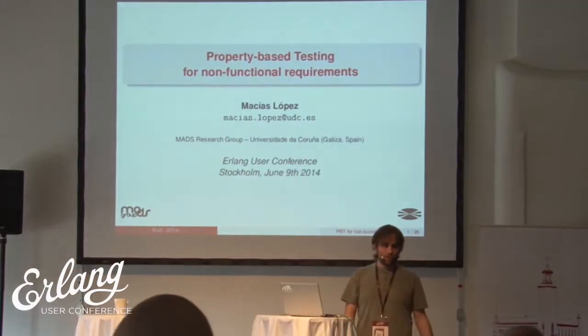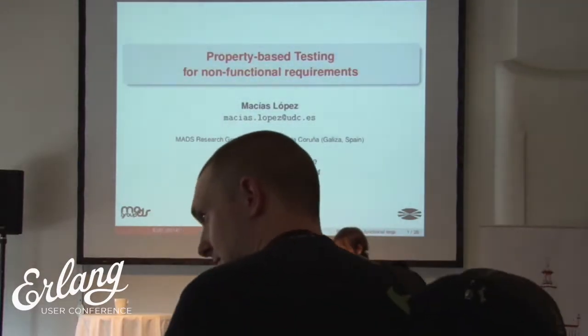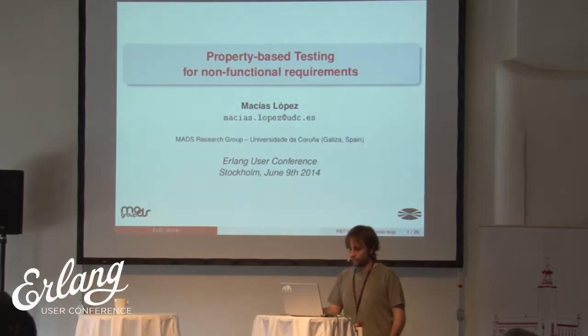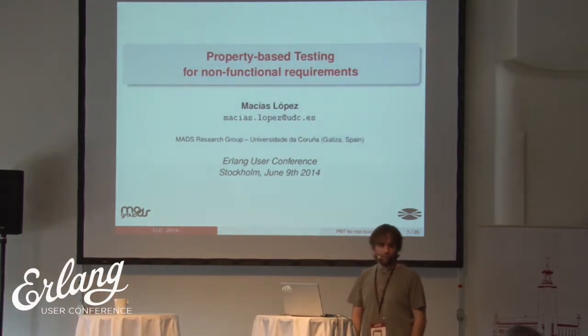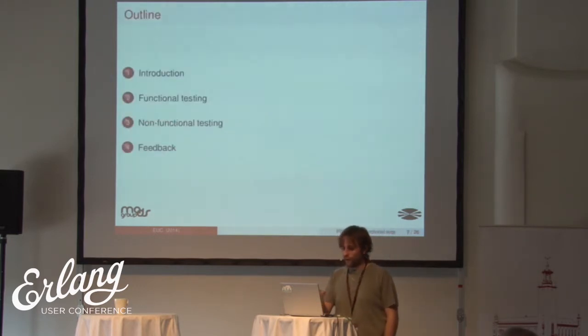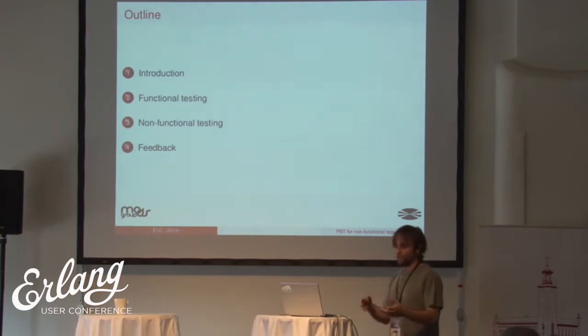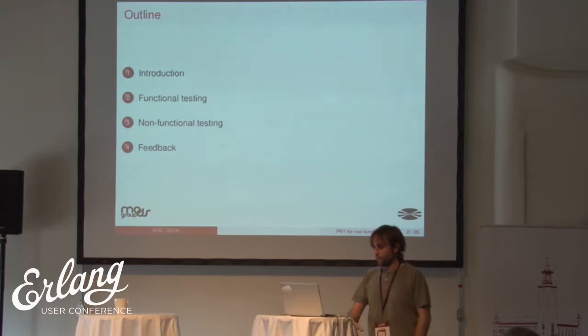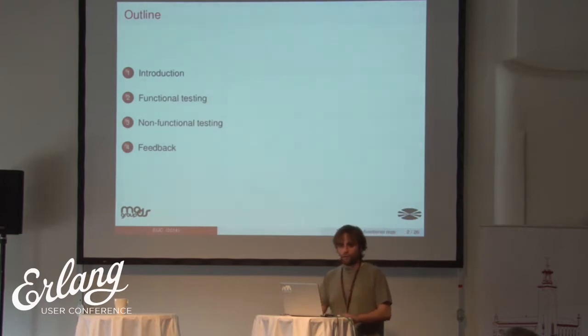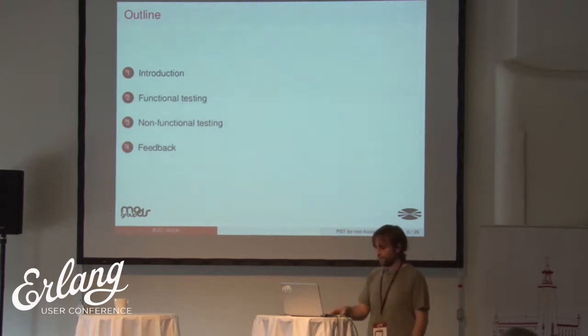Some of the concepts I'm going to explain are redundant with John's talk. So I begin with a little introduction about general, theoretical concepts about testing, then move to a classification about functional testing. What is functional testing?